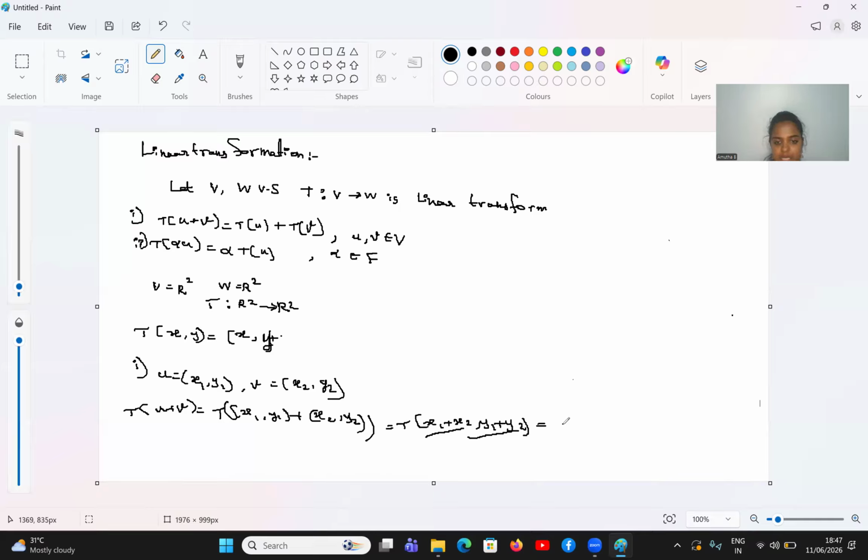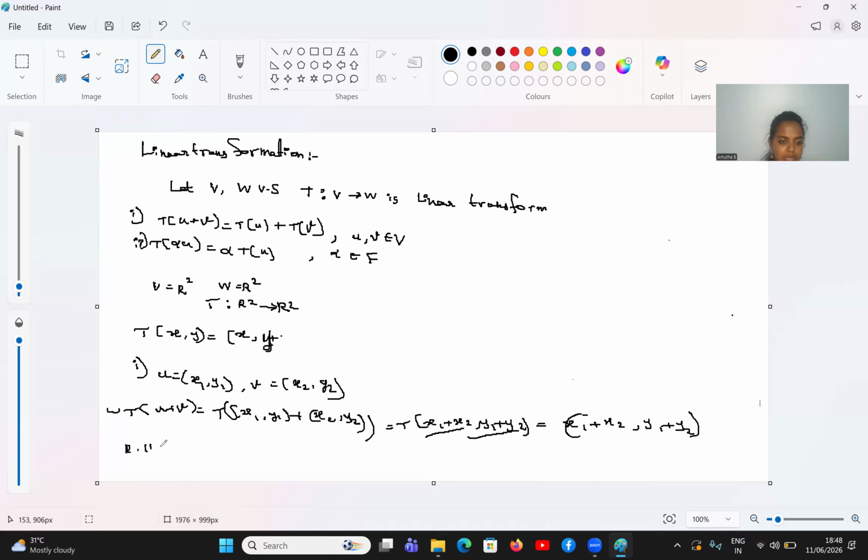Similarly, we can write the first component is x1 plus x2, and second component is y1 plus y2. So now we have this one as a map. Left side we have completed.